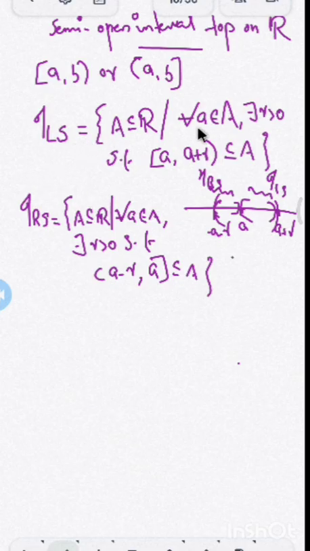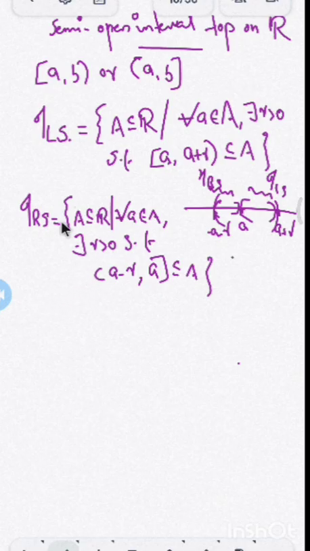Tau ls is the representation of the left closed format and tau rs is the right closed format. That's why I chose L and R. Left closed semi-open interval topology, right closed semi-open interval topology. These two are the semi-open interval topologies.